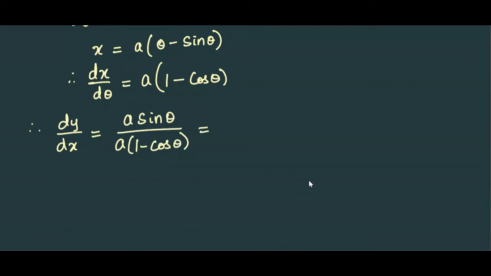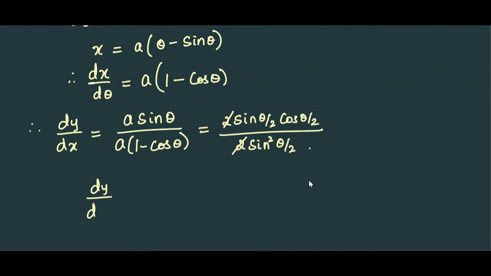So we can simplify this, a cancels, and then sine theta can be written as 2 sine theta by 2 cos theta by 2, and this 1 minus cos theta will be 2 sine square theta upon 2. So we can cancel this off, and one sine term also gets cancelled. You are left with cos theta by 2 by sine theta by 2. So you will get cot of theta by 2.